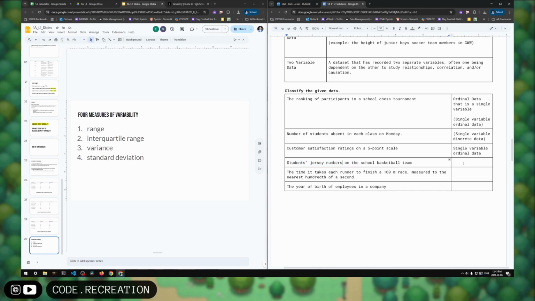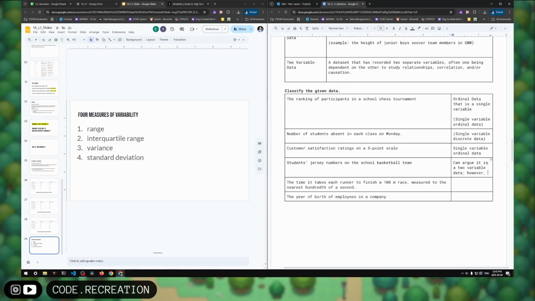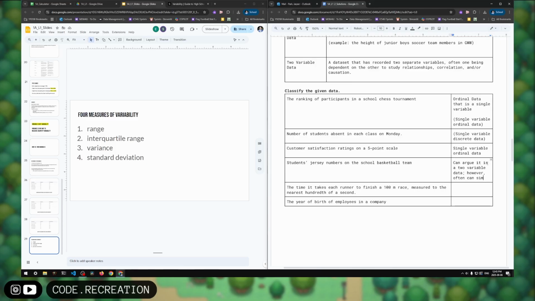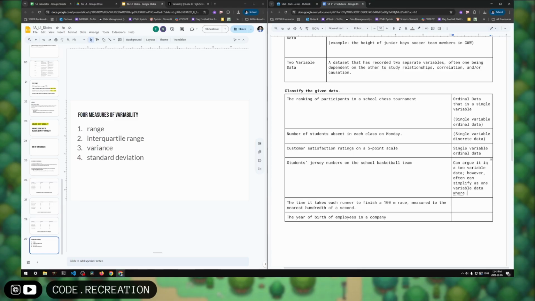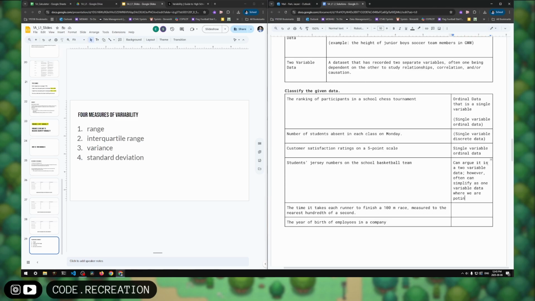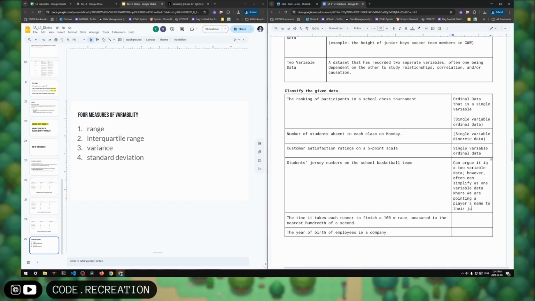Student jersey numbers on the school basketball team. Each player has a jersey number. Okay. So you can argue it is two variable data, however, often can simplify as one variable data where we are pointing a player's name to their jersey number.